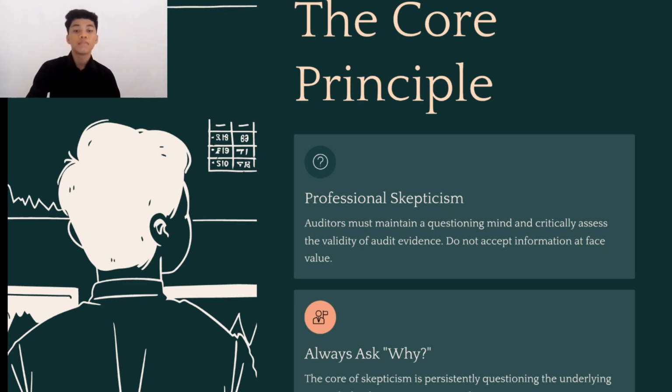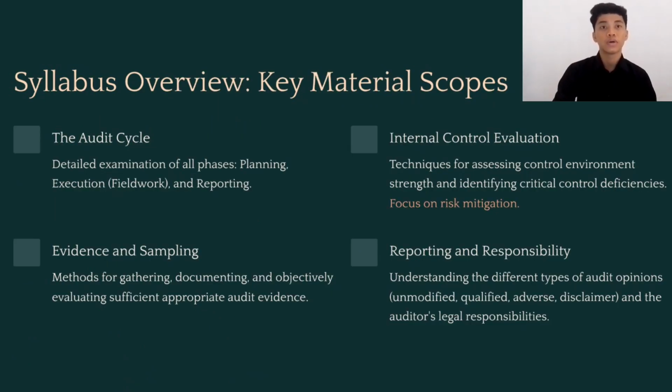And then the next, syllabus overview, key material scope. There is the audit cycle, evidence and sampling, internal control evaluation, and the last, reporting and responsibility. The audit cycle is a detailed examination of the phases: planning, execution of work, and reporting. Evidence and sampling covers methods for gathering, documenting, and objectively evaluating sufficient, appropriate audit evidence.